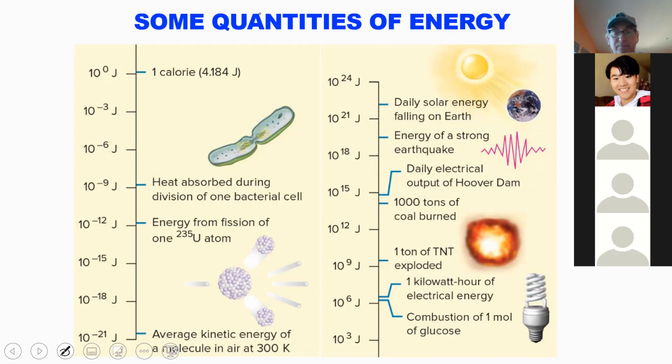But on the other side, one of the things I find encouraging anyway, is that the amount of energy falling on the Earth from the sun in one day is a staggering amount of energy.